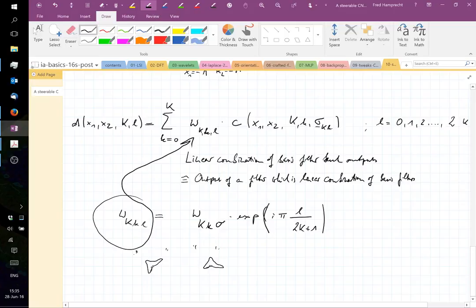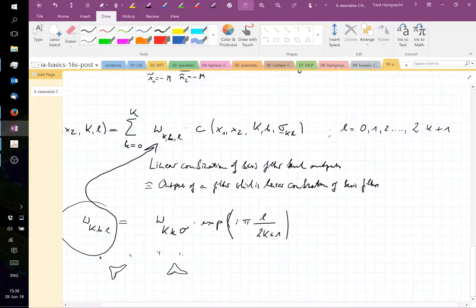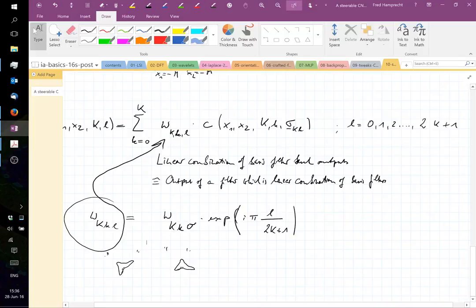I'm a bit confused about this rotation factor. Should it be 2 pi times L over 2k plus 1? Or if not, I don't understand why. Because I would expect that if I go through all the L's, I complete a 2 pi rotation. It should be, I think this is with the parentheses, yes, so this should be 2 pi.